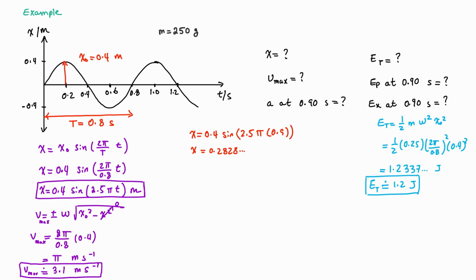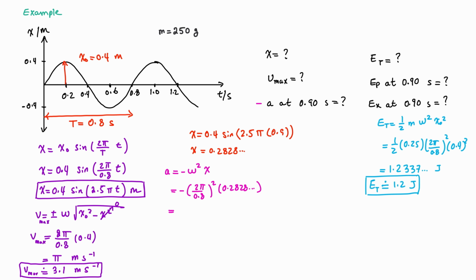Now to calculate my acceleration, it's equal to negative omega squared times the displacement. That's negative 2 pi over 0.8, could just write it as 2.5 pi as well, squared, times the displacement, which is 0.28. Again, we have to use the exact value.